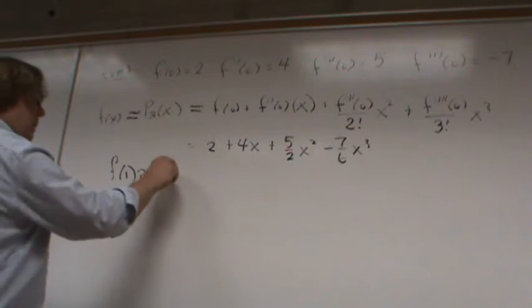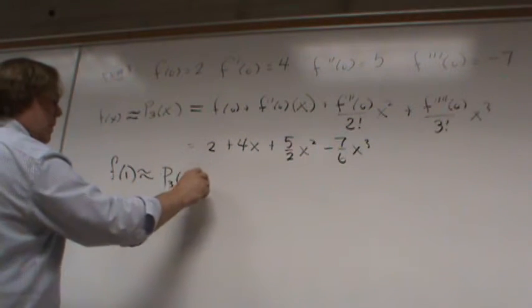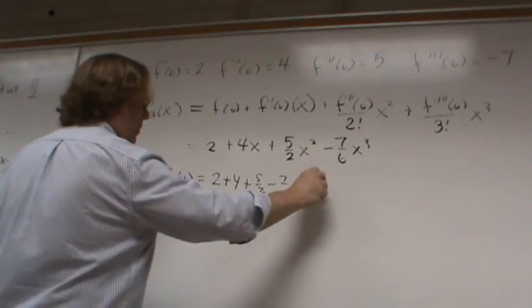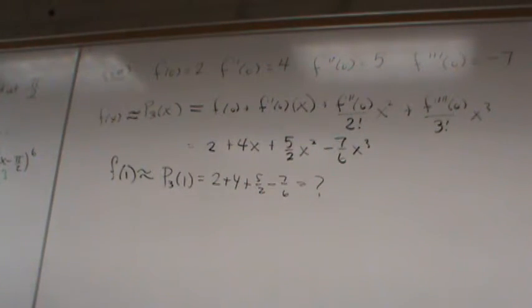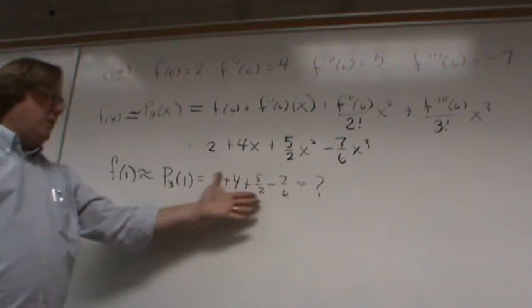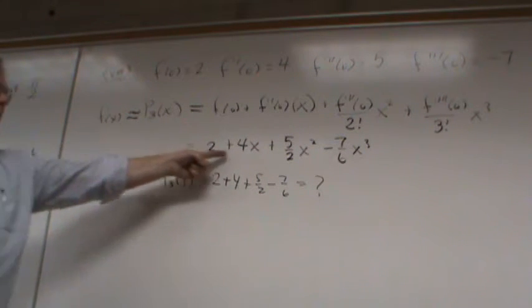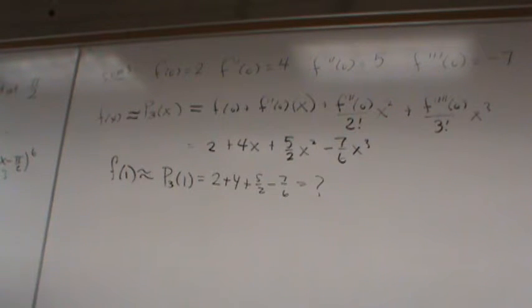F of 1 is going to be equal to p of 1, which is going to be 2 plus 4 plus 5 halves minus 7 sixths, you know, whatever the heck that is, right? That's my approximation of f of 1. And since this is a third order polynomial approximation, this is probably a really good approximation. Again, even though I don't know what the function is, I do have a sense of what f of 1 is approximately equal to. Just stick that into my polynomial approximation. You see what I mean?